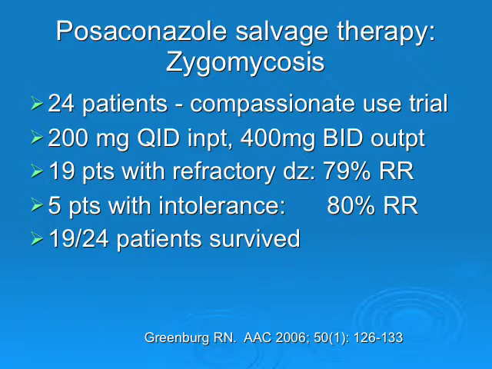Well, the one thing that I think points out a little bit of a difference between the Posaconazole and Aspergillus salvage therapy data here is that probably the patients who were getting Posaconazole as salvage therapy for Aspergillus had a more refractory infection, whereas these patients really may not have received antifungal agents with optimal anti-zygomycosis activity.